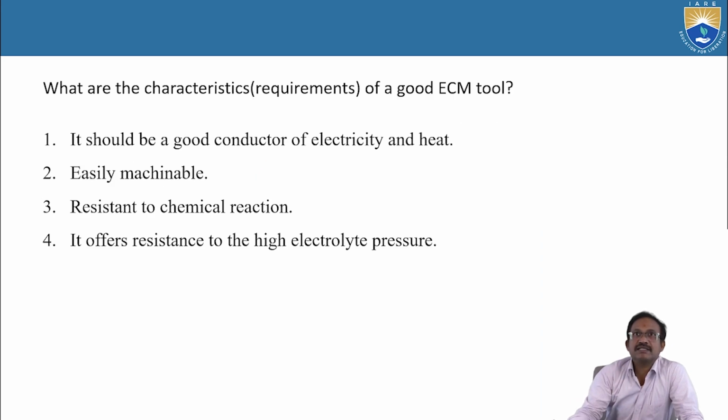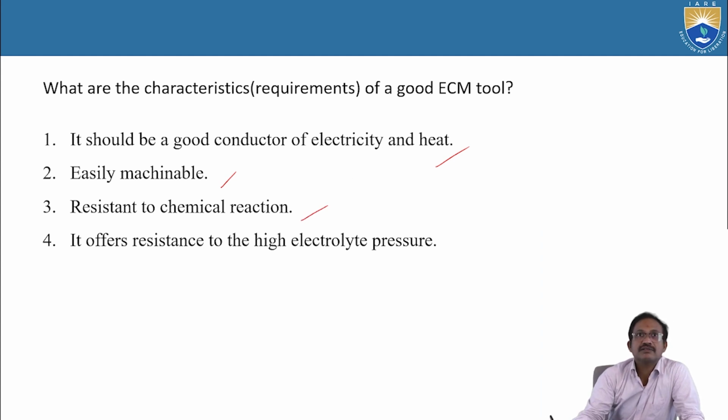What are the characteristics or requirements of a good ECM tool? It should be a good conductor of electricity and heat, easily machinable, and resistant to chemical reaction.